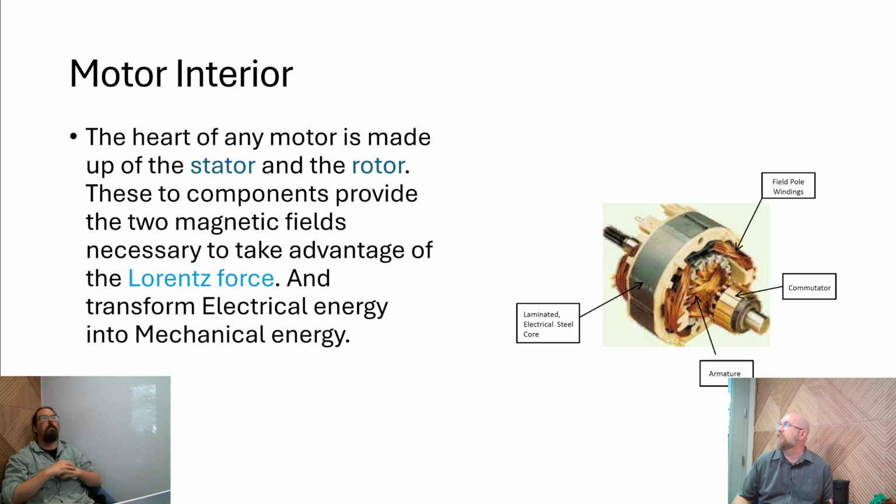But ultimately, both the rotor and the stator need to be generating some type of magnetic fields that are going to interact with each other. So you're creating different magnetic fields.